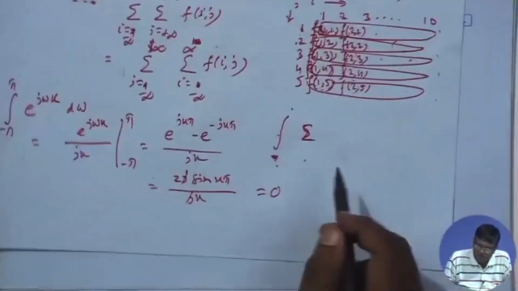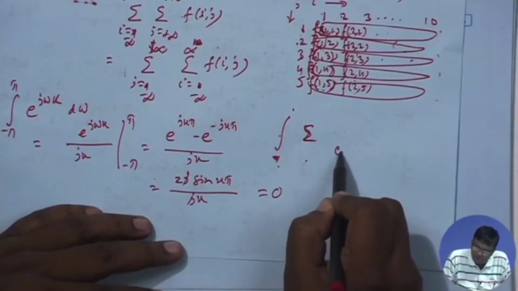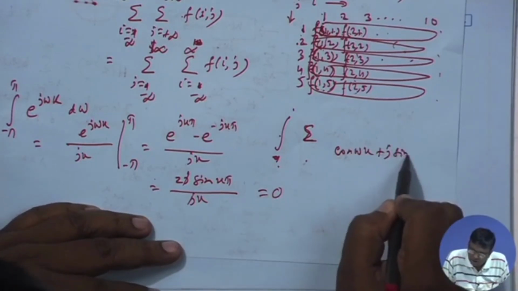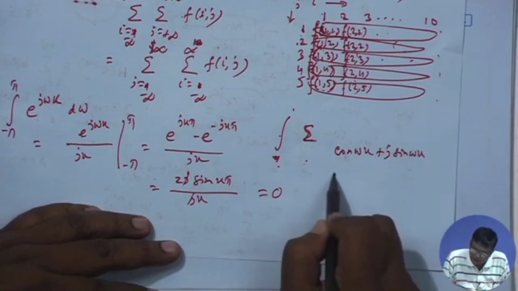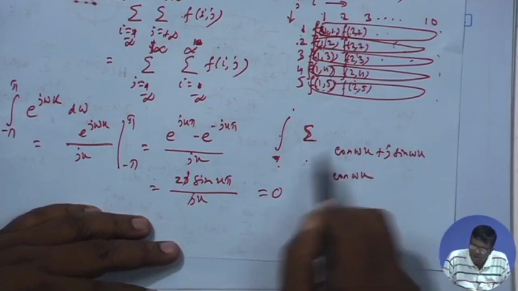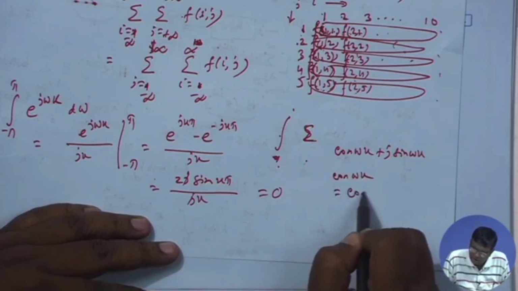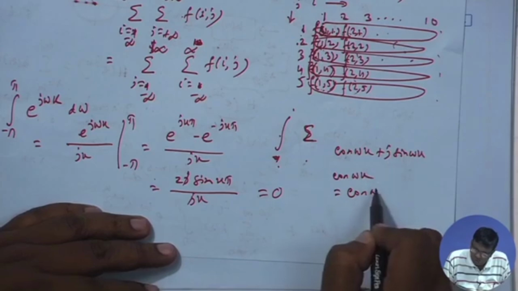Actually, what is happening? E to the power j omega k means you have cosine omega k plus j sin omega k. Cosine omega k is periodic over omega with a period of how much? 2 pi.